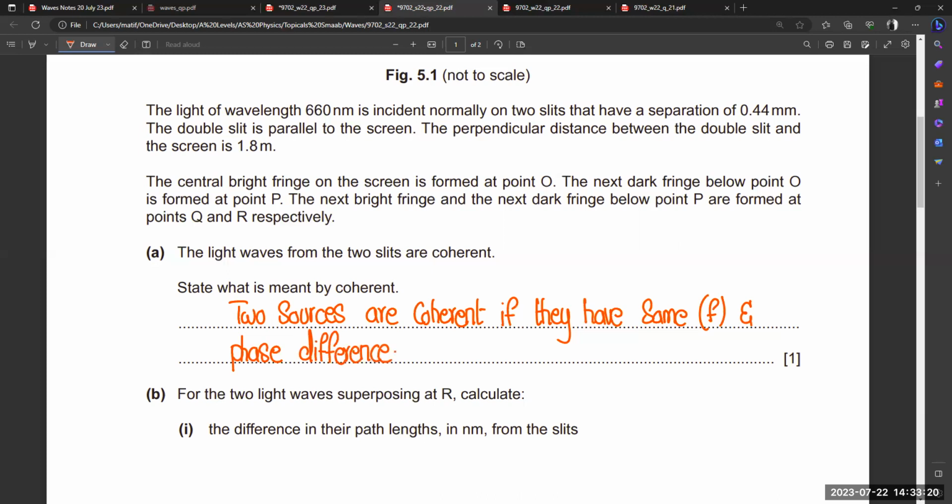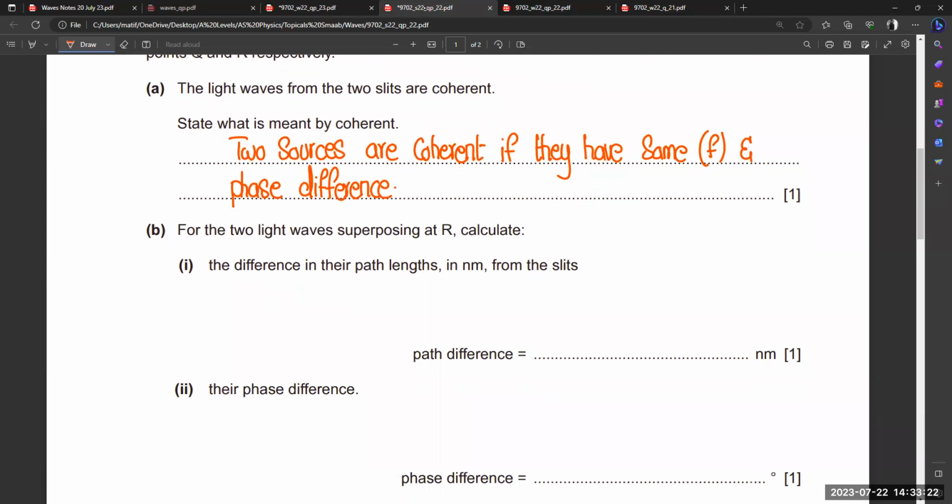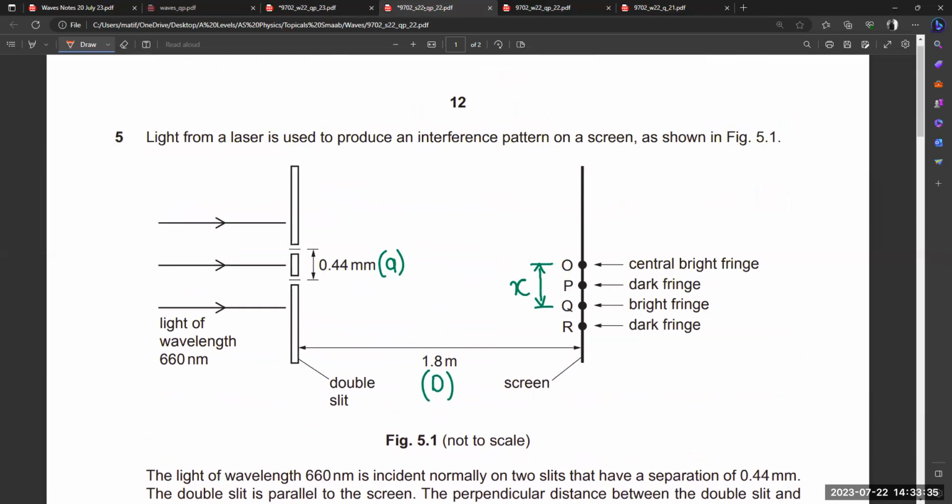And the second part is: for the two waves superposing at point R, calculate the difference in their path length in nanometers from the slits, right? So they are talking about point R. So point R is over here.